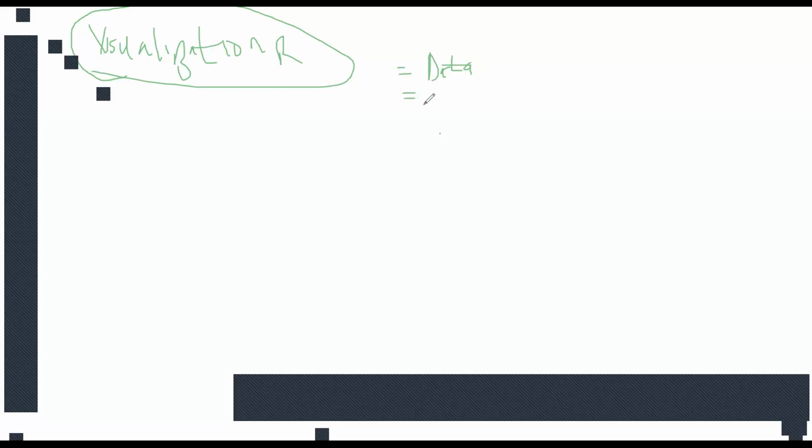Two is what is called the aesthetic. This one talks about your color, your X, your Y axis, the size, the color. And the other one is called the geometry.